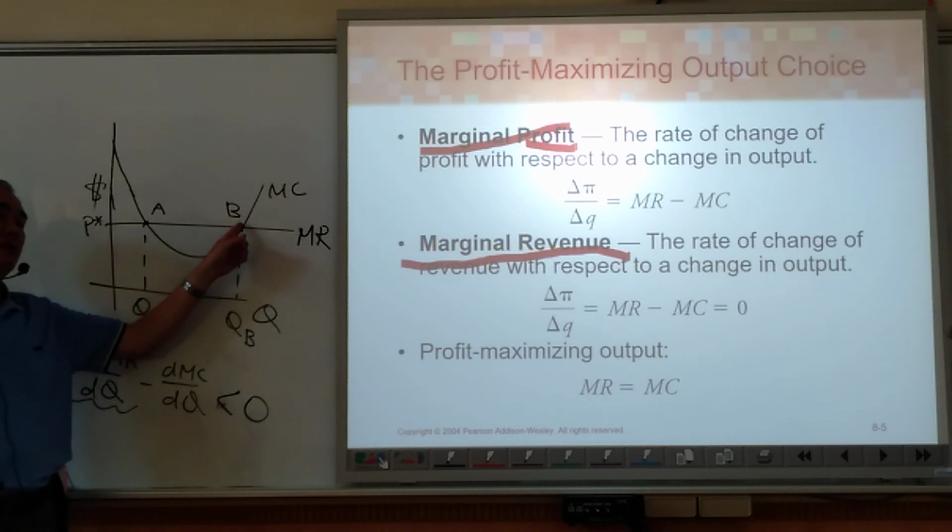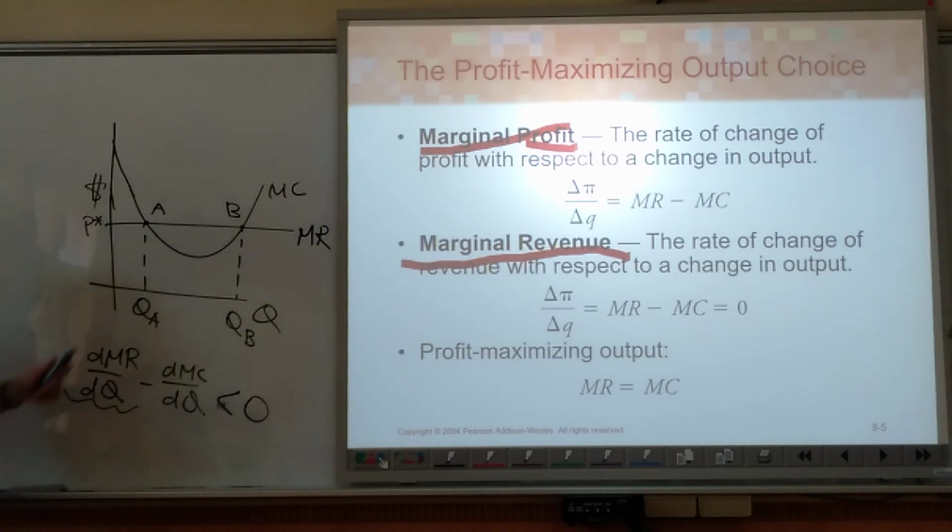And at point B, marginal revenue also equals marginal cost. But which one is the profit maximization for the firm? Okay, Wang Xiaohui, which one is the right one? Which one maximizes profit? B? Okay, good. Why?